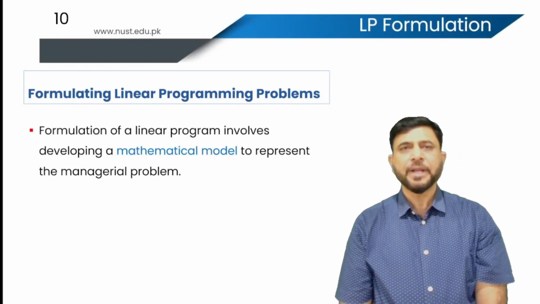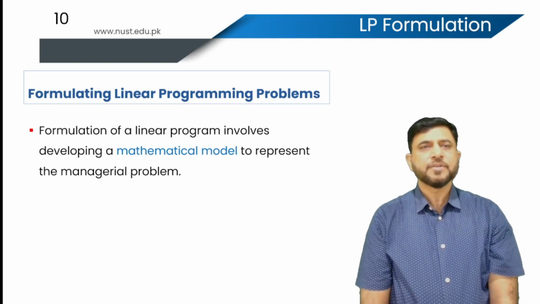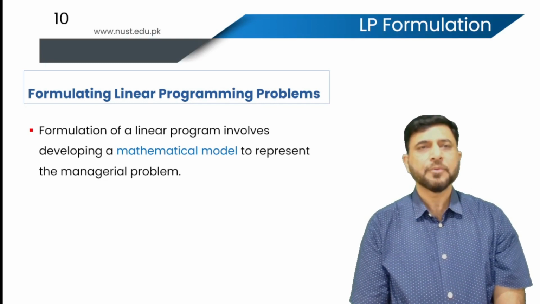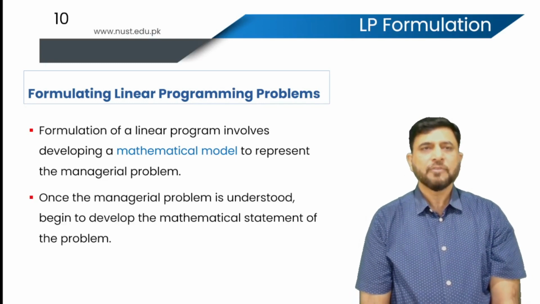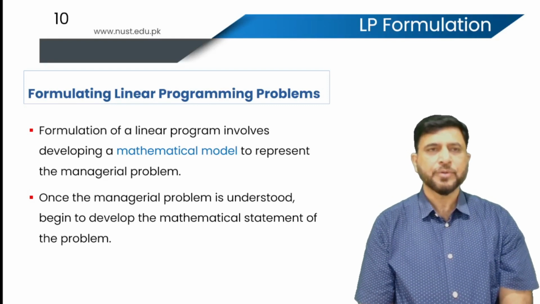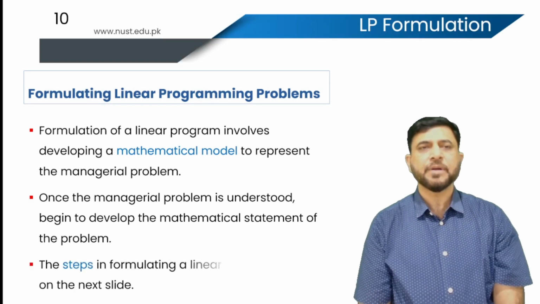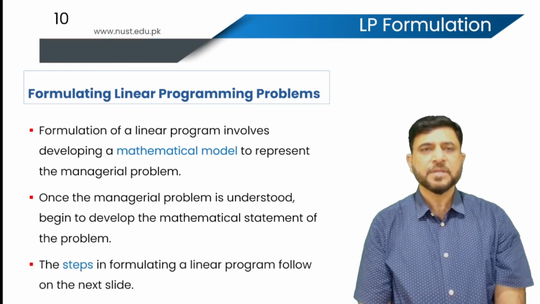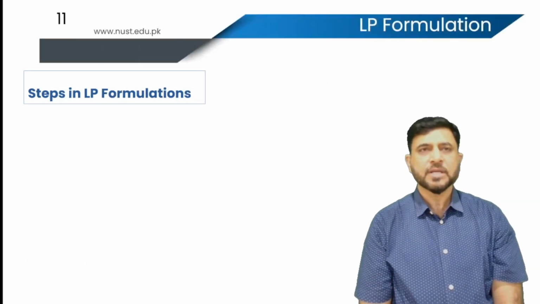Okay, formulating a linear program model involves developing a mathematical model to represent the managerial problem. Once the managerial problem is understood, begin to develop the mathematical statement of the problem. The steps in formulating a linear program follow on the next slide.